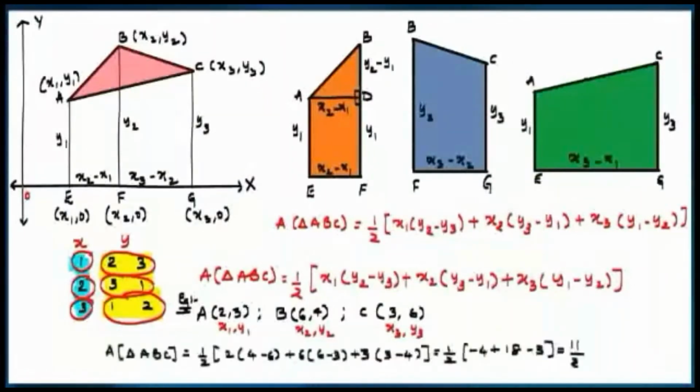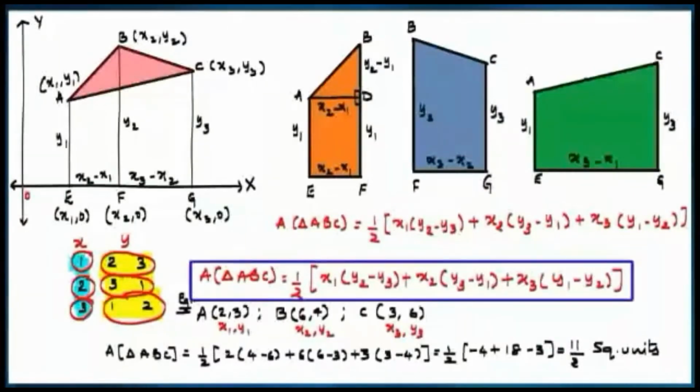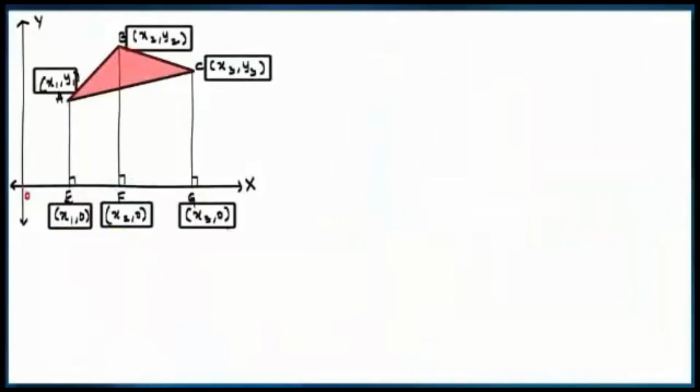Just substitute these values in the given formula and simplify. You will get the answer 11 by 2 when you simplify it. Because it is an area, you have to write square units.